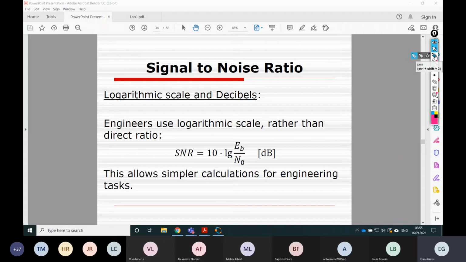And this logarithmic scale is used in a very simple way. We just calculate the decimal logarithm of the signal to noise power, and multiply it with 10. And that's how we get these decibel units. So basically, just simple calculation of logarithm without this would give you Bell measurement unit.